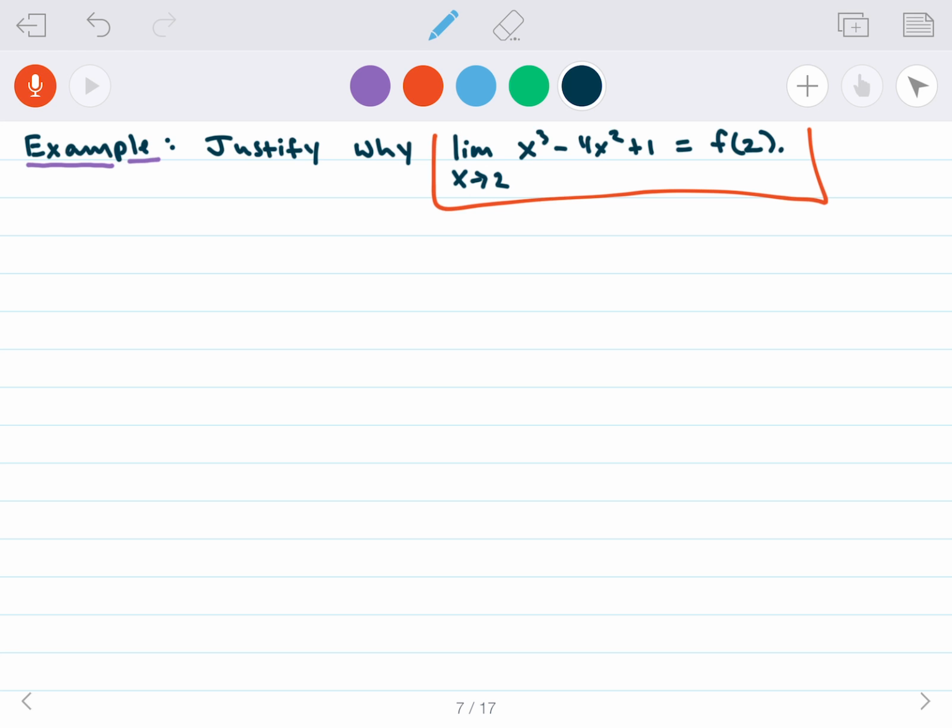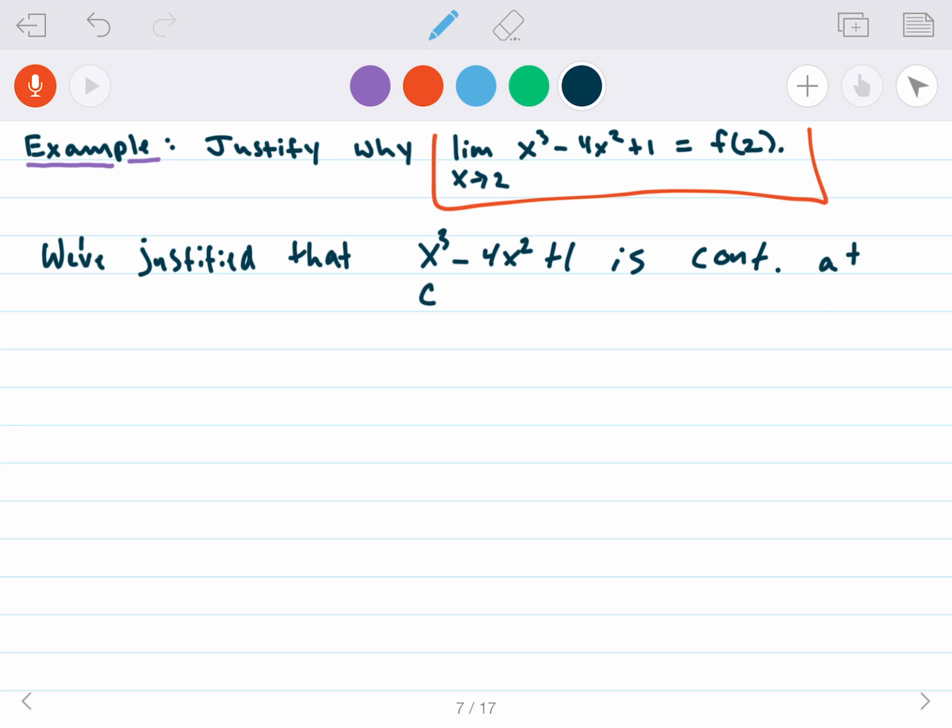So why, you just plug in a 2 here to get the limit. Now, we've justified that x to the 3 minus 4x squared plus 1 is continuous everywhere on R. So in particular, it's continuous at c equals 2.